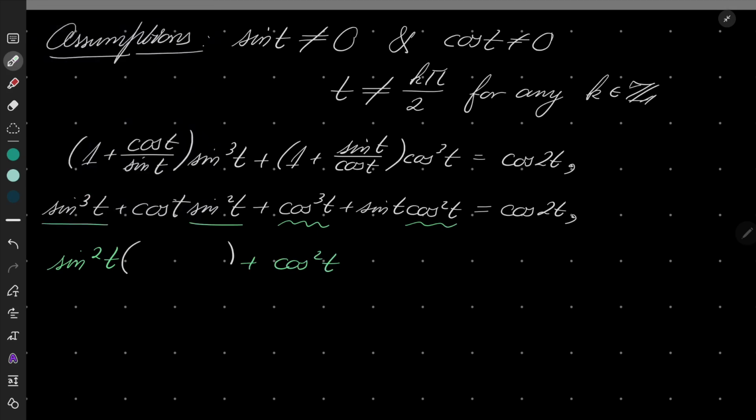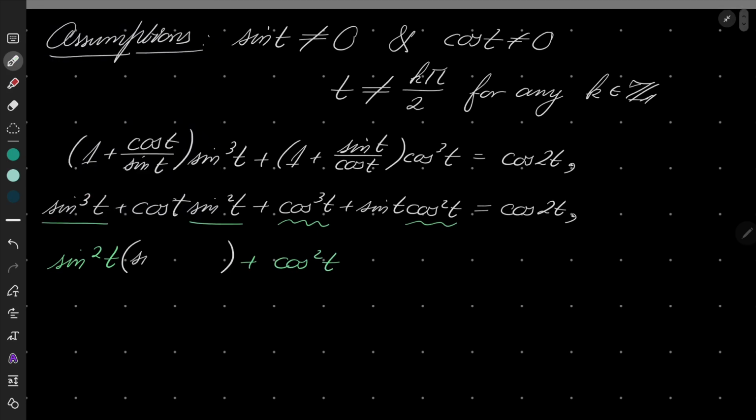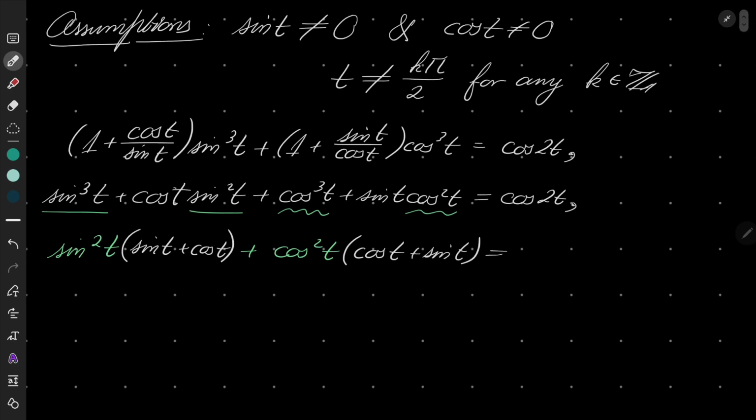What are we left with? Here we are left with sine of t plus cosine of t, and here cosine of t plus sine of t. On the right-hand side, let's use the formula for cosine of 2t, namely cosine squared of t minus sine squared of t.